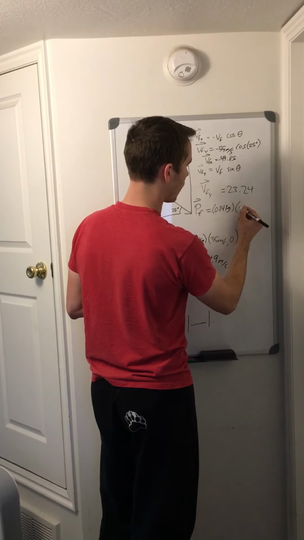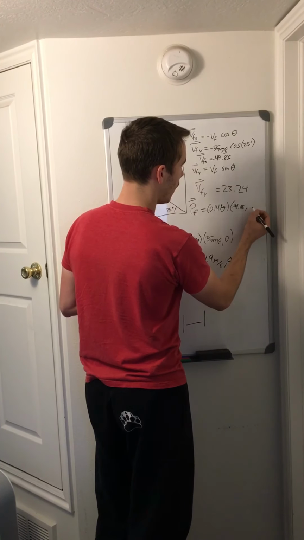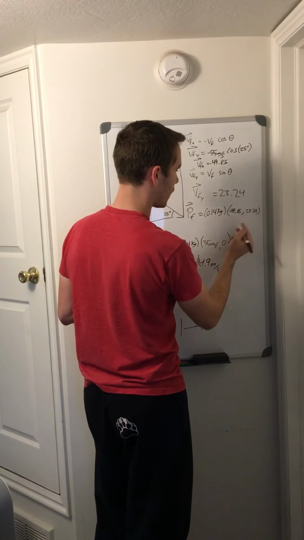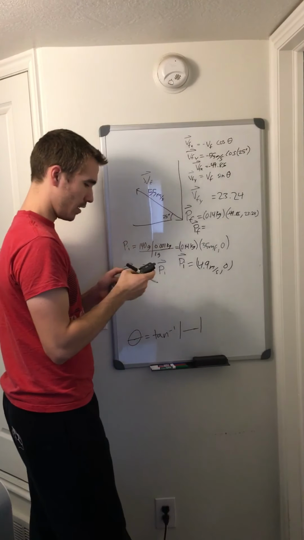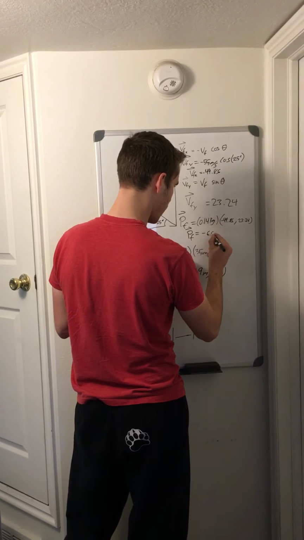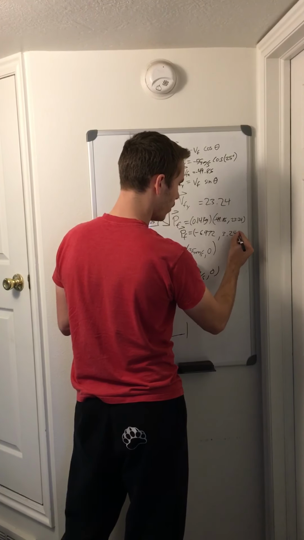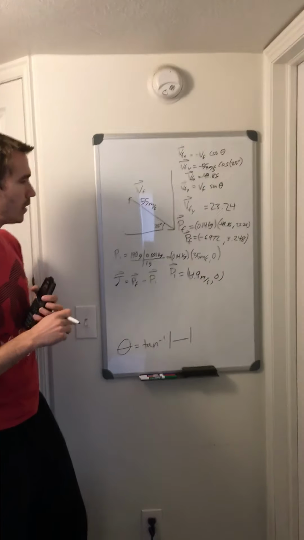The mass in kilograms times our x component and our y component, which should give us x and y components of negative 6.972 and 3.248, which will be in vector notation the momentum x and y for our final momentum.